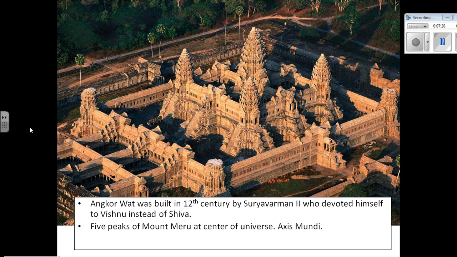So we get a temple here, a piece of architecture that, in a way, illustrates a myth associated with Vishnu. And I'll explain that in a second. We have here an architectural rendering of Mount Meru, that primordial mountain, which was said to have 5 peaks. So 1, 2, 3, 4, and then one behind it.